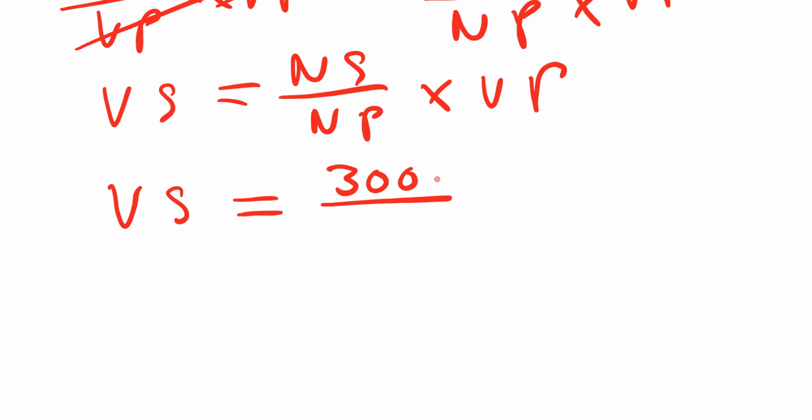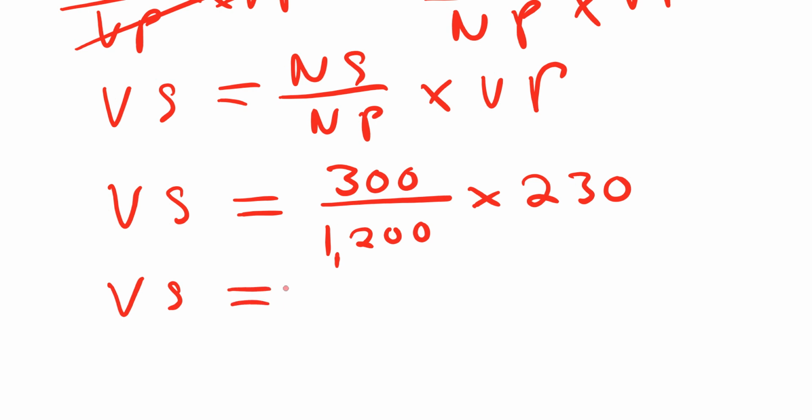On the primary we had 1,200 turns, and the voltage on the primary was 230 volts. Do the maths and you see the voltage on the secondary is 57.5 volts.